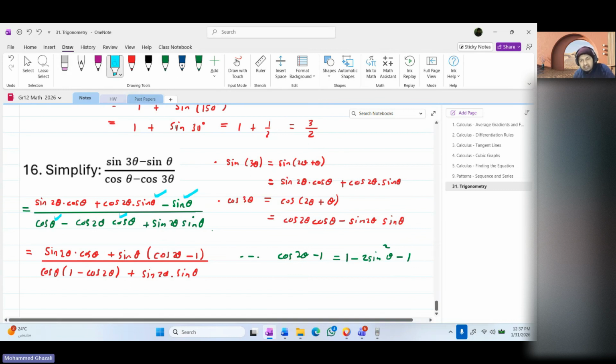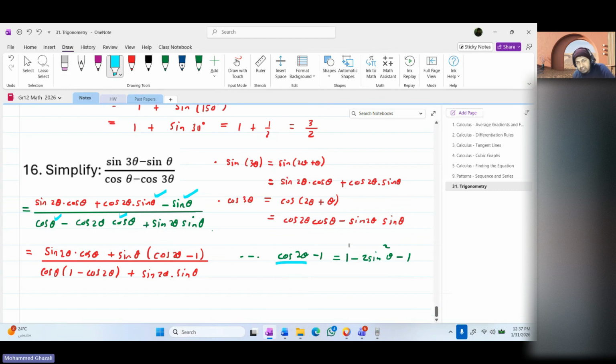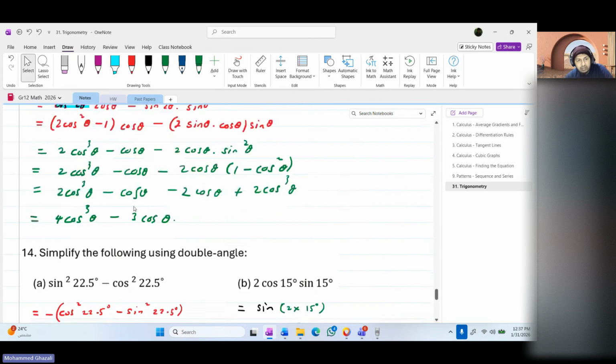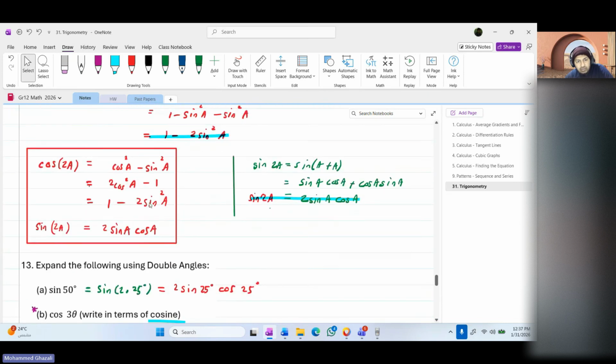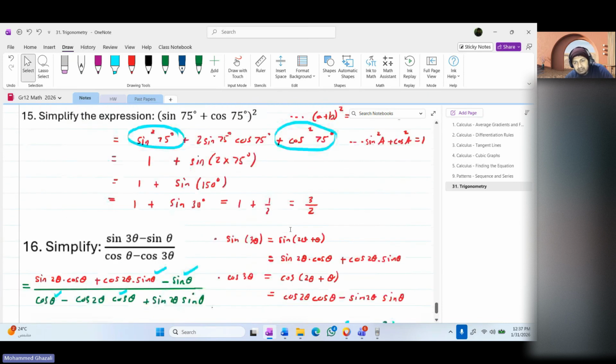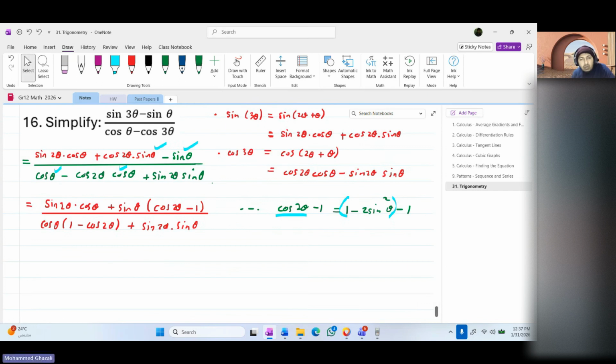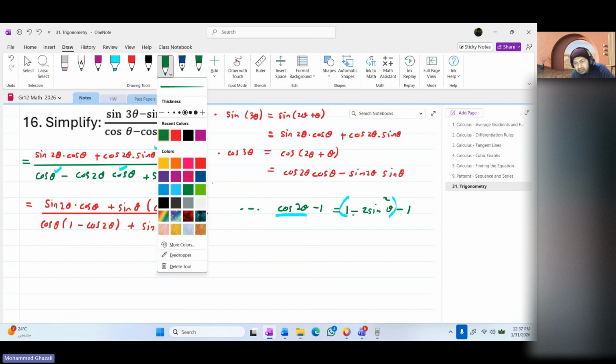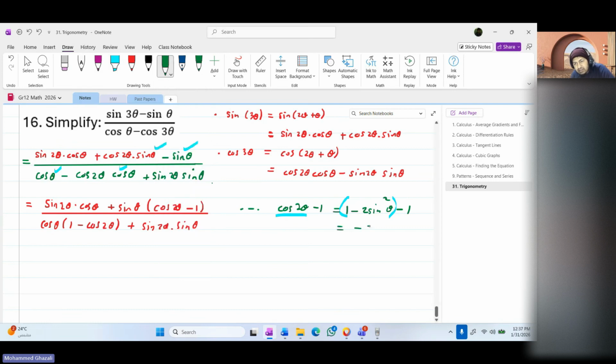I expand cos 2 theta using the third double angle formula, which is 1 minus 2 sine squared theta. Isn't that one of the expansions of the double angle? Yes. Now see the 1 and the minus 1 cancel out, so I just got negative 2 sine squared theta.